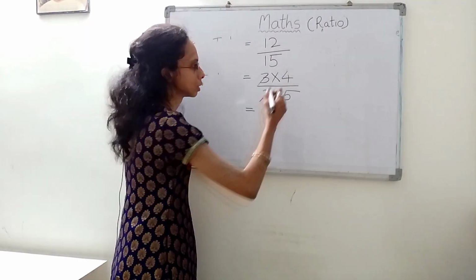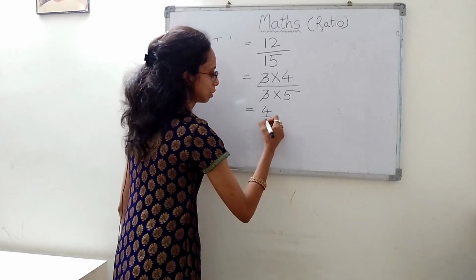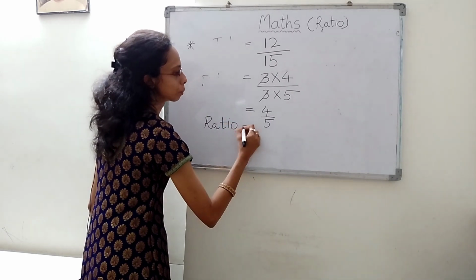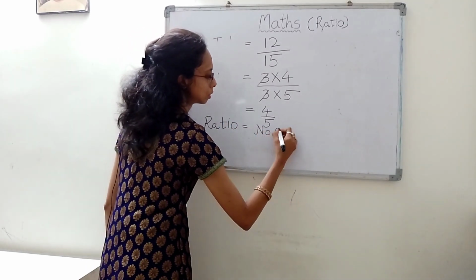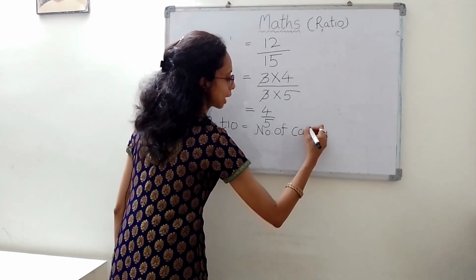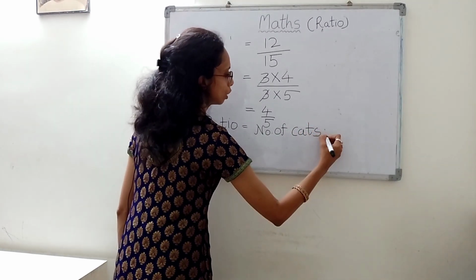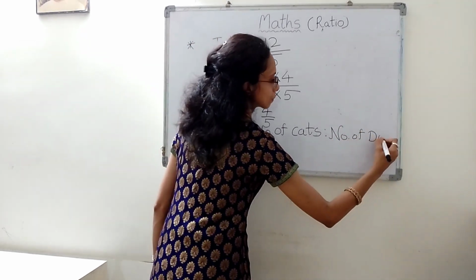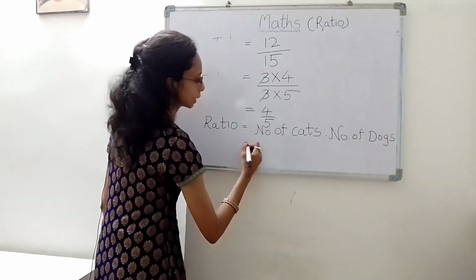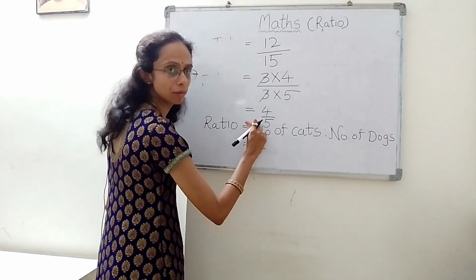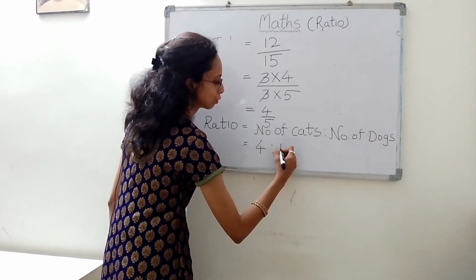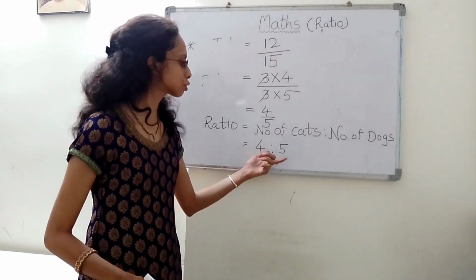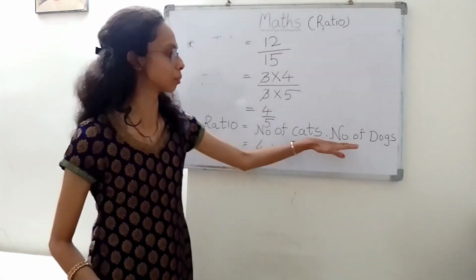It gets cancelled out, and 4 upon 5 is the ratio of the number of cats to the number of dogs, which can also be written as 4 divided by 5 or 4:5. Alright, my dear students. So 4:5 is the ratio of the number of cats to the number of dogs.